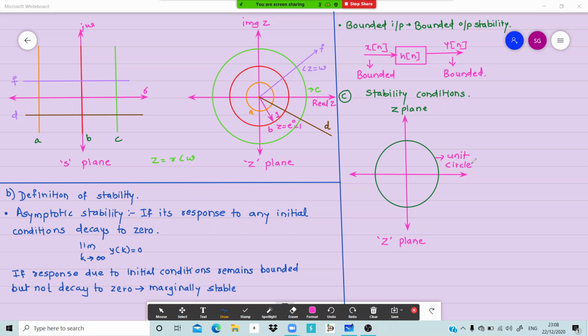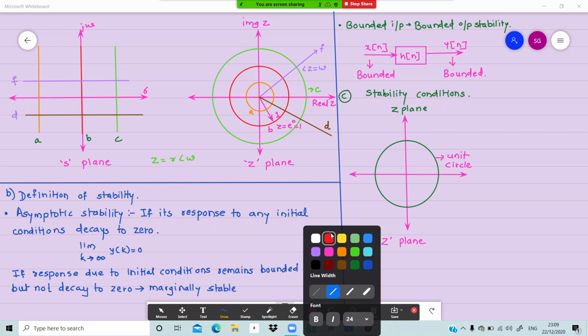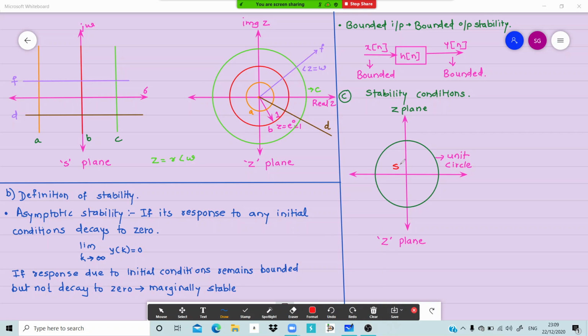Inside the circle, if all the poles of your system are there, the system is stable. So I'll write stable region. And outside this circle, going towards infinity, this is the unstable region.